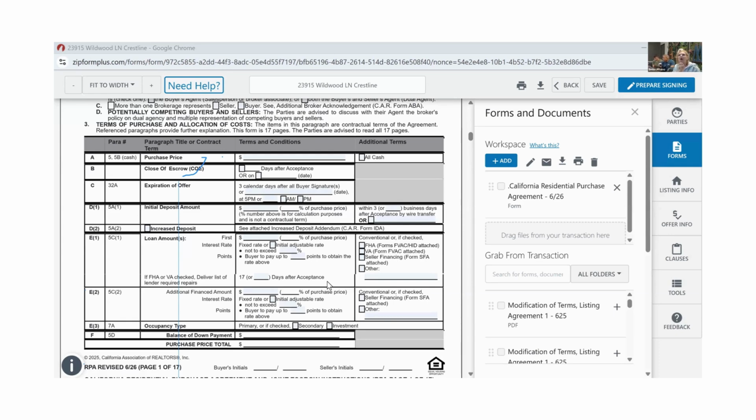On the contract, the buyer actually agreed to deliver that list within 17 days. If that list is not delivered in 17 days, what do we do? Notice to perform.